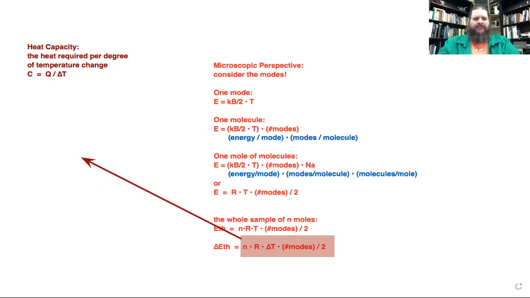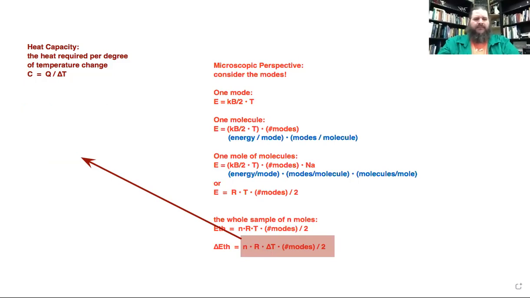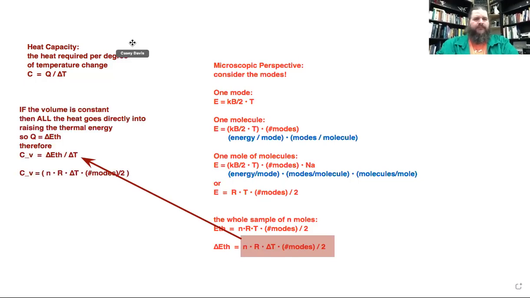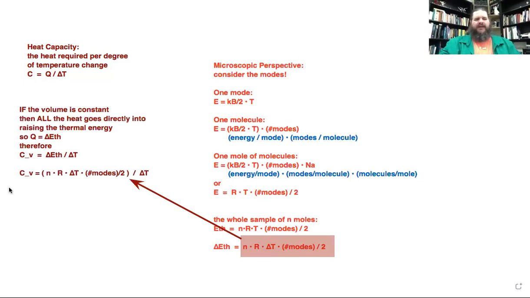If we just replace delta E thermal with this convenient formula, N times R times delta T times number of modes over 2, we also need to divide that whole thing by delta temperature because that's part of the definition of heat capacity. So that's our heat capacity: the formula we just got for delta E thermal divided by delta temperature.